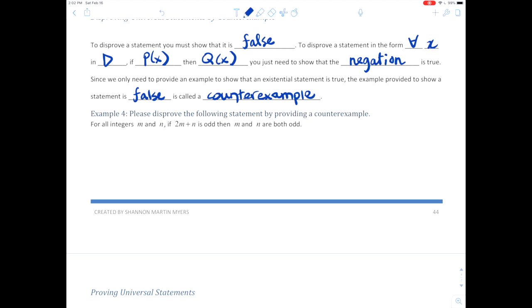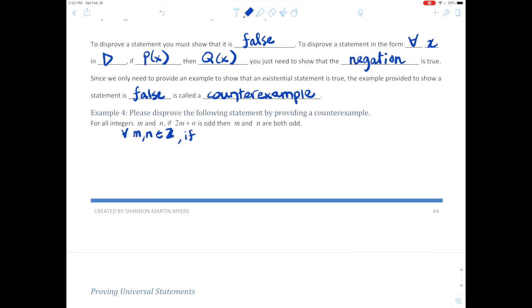So sometimes it's useful to write out what that statement is in math. So for any m and n which belong to the set of integers, if 2m plus n is odd, then m and n are both odd.